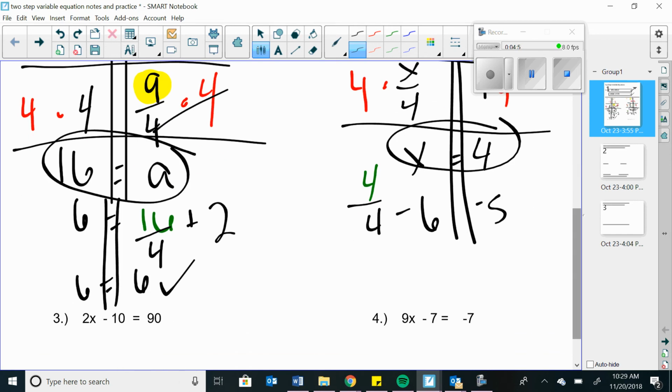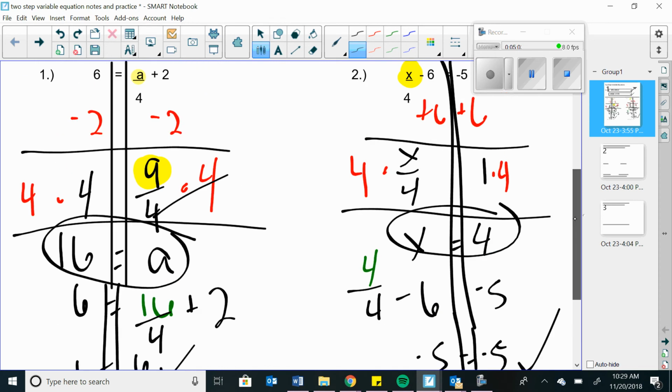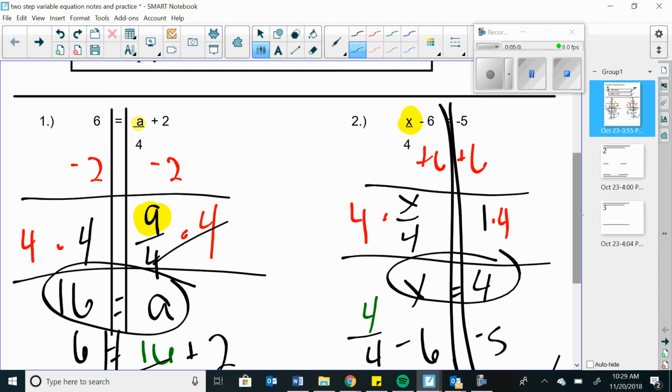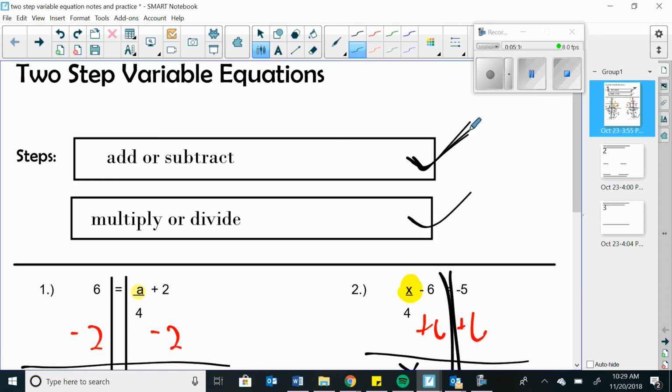This 4 divided by 4 is 1, take away 6. Yeah, that's negative 5. Negative 5 equals negative 5. And again, we use our calculator. So in red, you can see my steps. I plus 6, and I times 4. We're doing good.